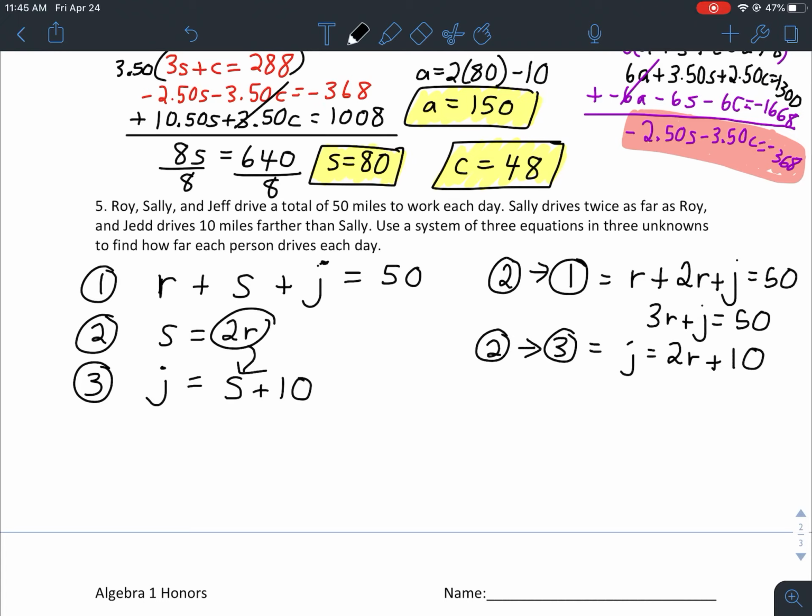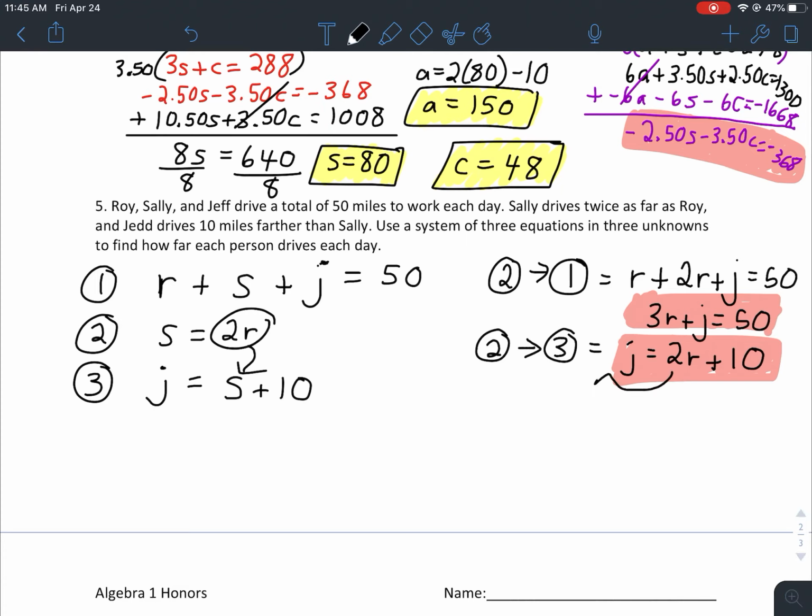I was going to move it around a little bit so it looks like the other, but actually I'm not going to do that because then we could just do substitution. So just leave that how it is for now. Here are my two equations. Okay, so now we can do substitution.